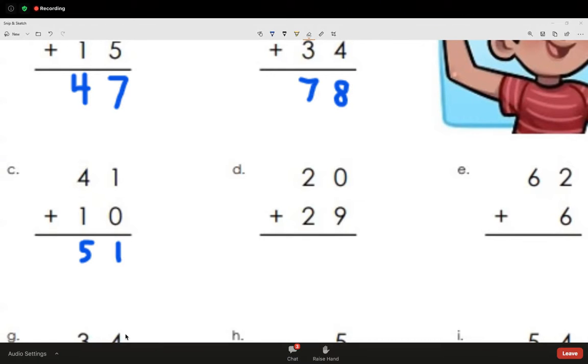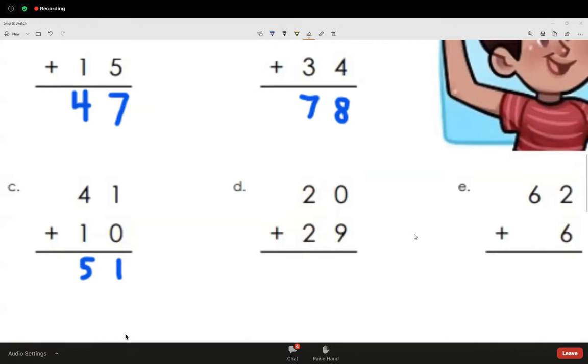1, 2, 3, 4, 5, 6, 7, 8, 9. All right, so if we have 0 fingers up and we put 1, 2, 3, 4, 5, 6, 7, 8, 9, we end up with 9 fingers up. So 0 plus 9 is 9.